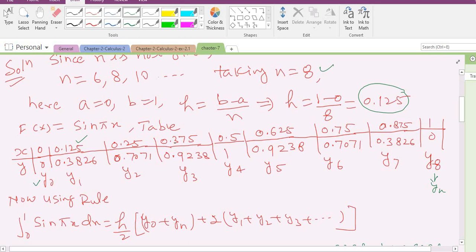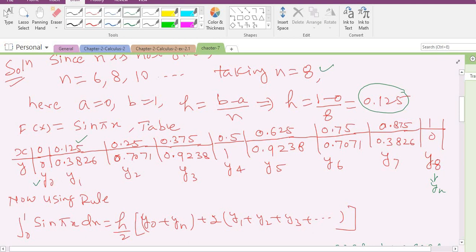Now x is equal to 0.375. Replace here: sine pi x means now 0.375. Fix your calculator in terms of radian. It gives you 0.9238. Again, you have to add 0.375 plus h. When you add this, it comes to 0.5.